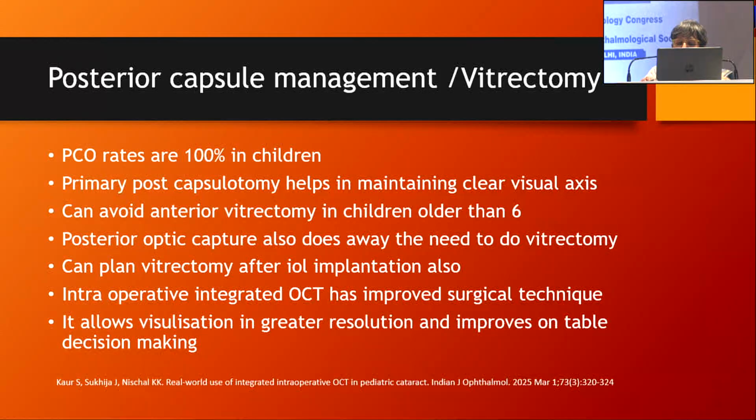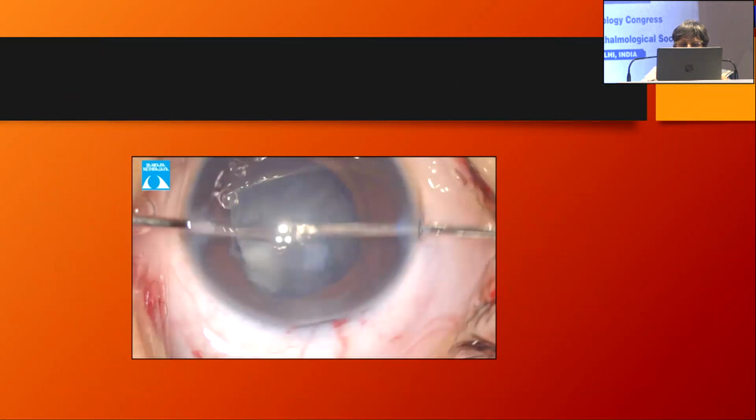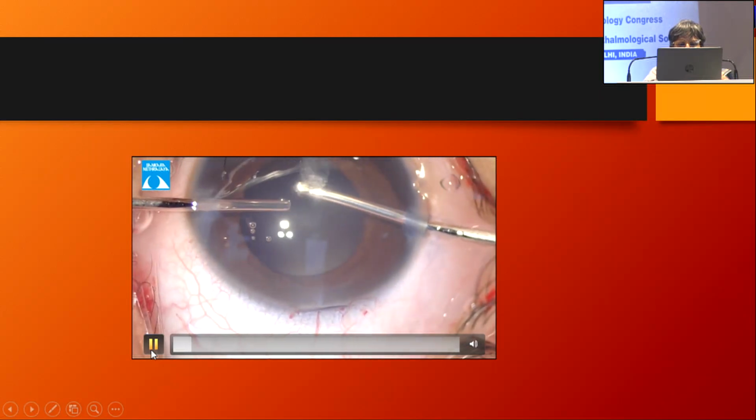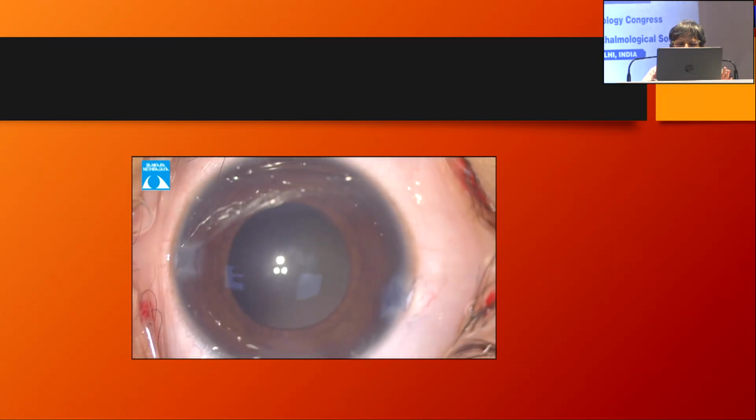Intraoperative integrated OCT has improved surgical techniques, and it has been very useful if you have access to that kind of microscope. It allows visualization in greater resolution and improves on-the-table decision making. For people who don't have access to that microscope, you can still do a good PPC manually.